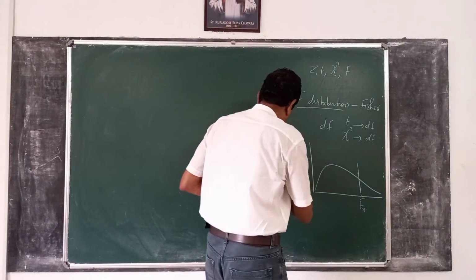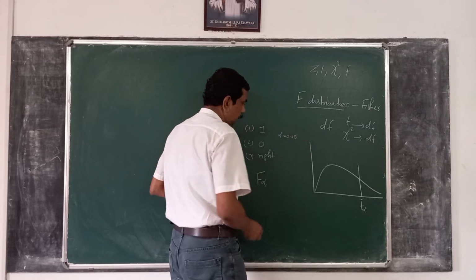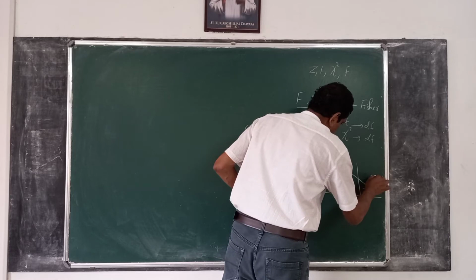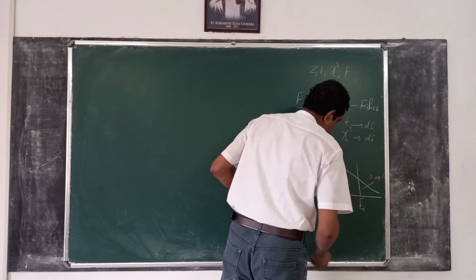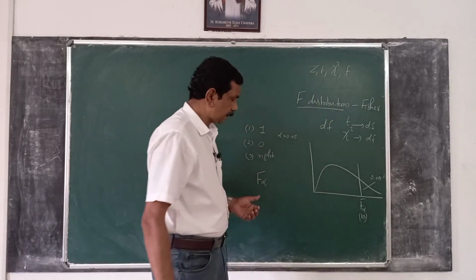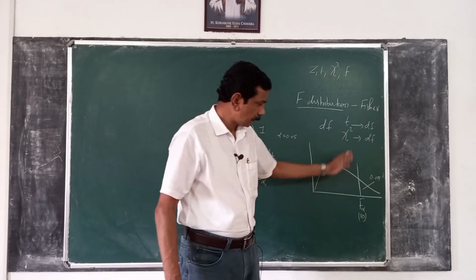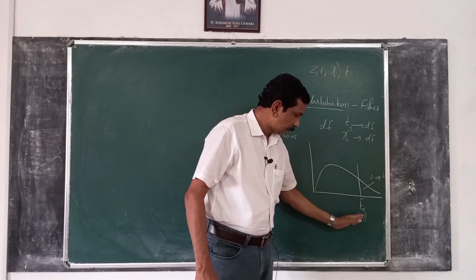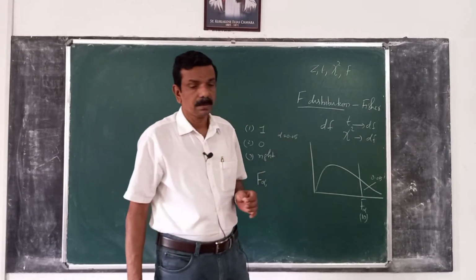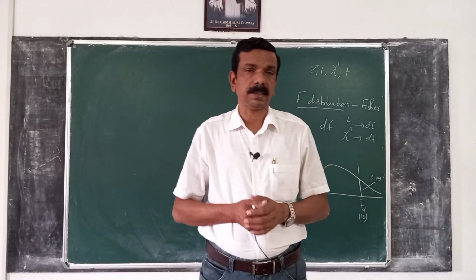Suppose that alpha is equal to 0.05. Then F alpha is the value of F having an area 0.05 to its right. So for example, if F alpha is 10, we will say that only 5% of the area under the F curve lies to the right of 10. So F alpha shows the F value having an area alpha to its right.